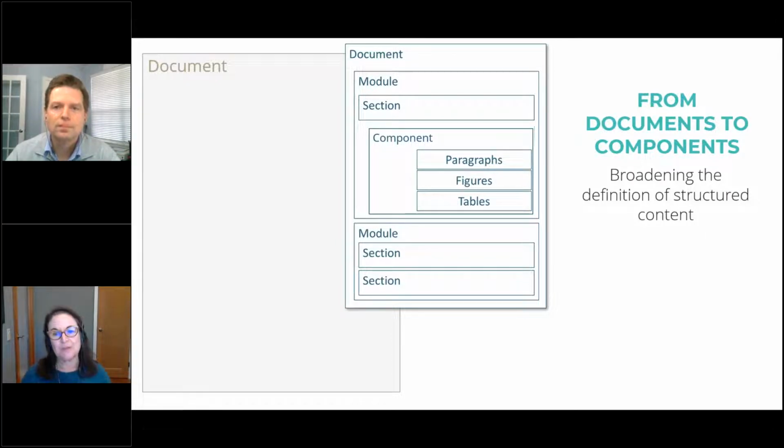So I create these components and then I build a document from these components. Well, this allows us to reuse a given component in many places, and it allows us to have a single source of truth.